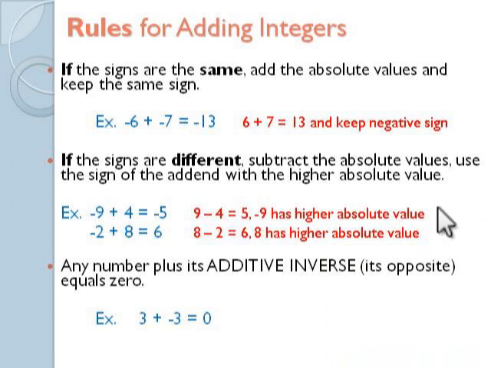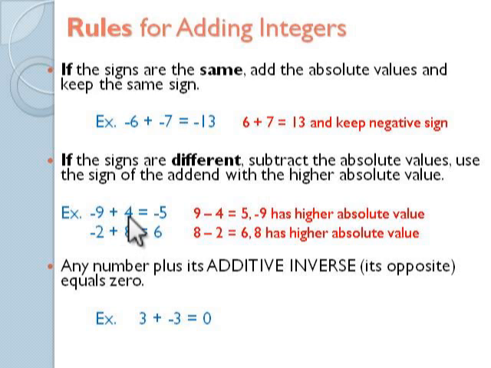We also said, though, that if the signs are different, that's where it becomes a little bit more tricky. If you have one of each, you have one negative and one positive, it doesn't matter which one comes first. I know this one has the negative first, doesn't matter. You simply take the two absolute values, and instead of adding them, you subtract them.